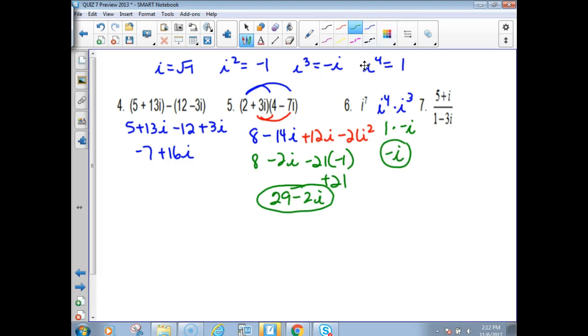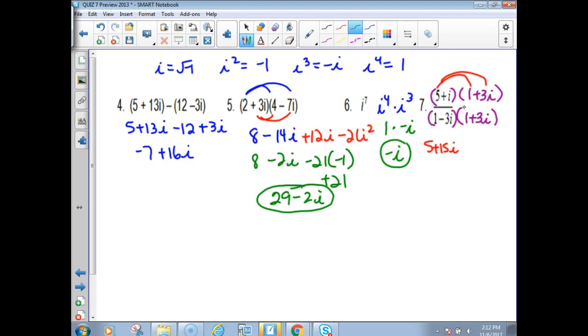Okay, number 7. We need to multiply by the conjugate of the denominator because we need to get i out of the denominator. The conjugate of 1 minus 3i is 1 plus 3i. And you got to do what you do to the bottom to the top. Okay, so I've got some writing to do. I multiply 5 times the two terms. I get 5 plus 15i.